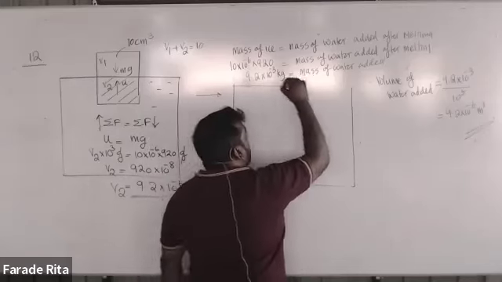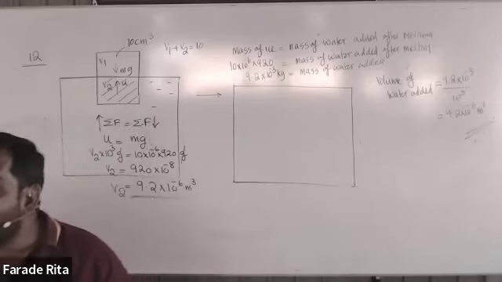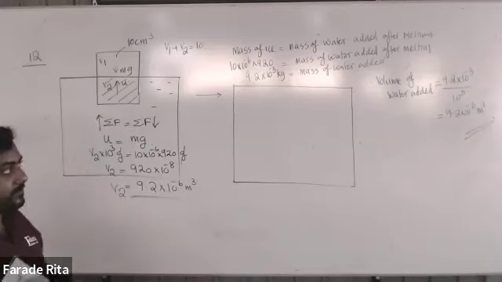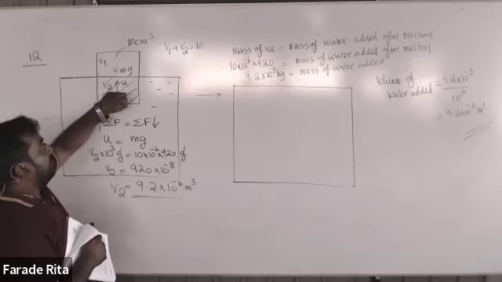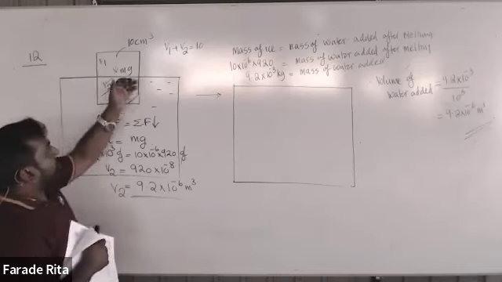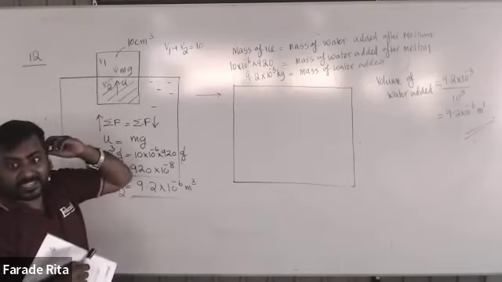That means the level does not change. No overflowing takes place. It's a very important MCQ. When floating ice completely melts, there is no overflowing. Level of water does not change.